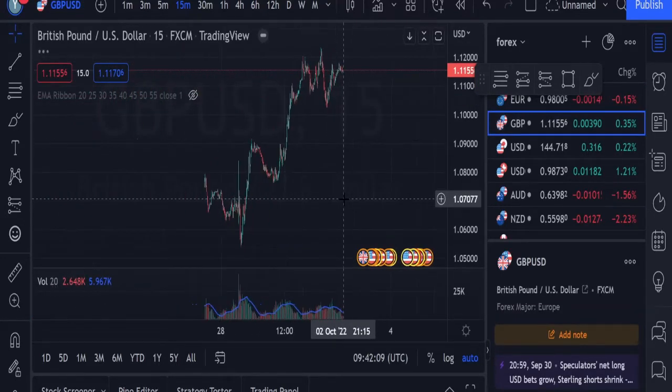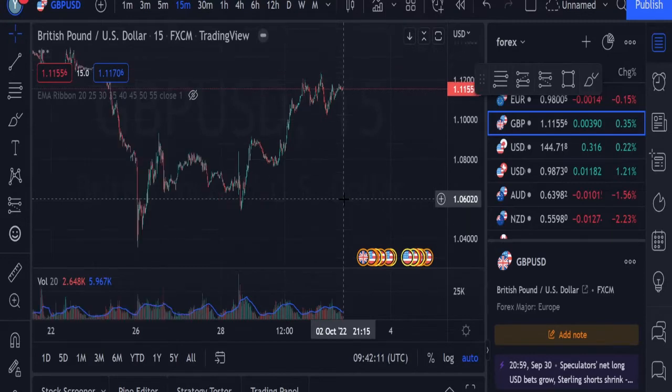The GBP USD looks similar with that of the Euro USD, so we'll have a similar plan. I think dollar is on fire now, and dollar is very strong, so you just have to trade with what the market is saying, and the market is in for dollar now, and you trade along dollar line.